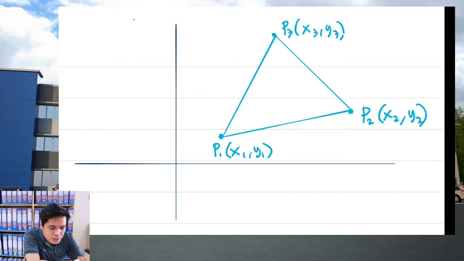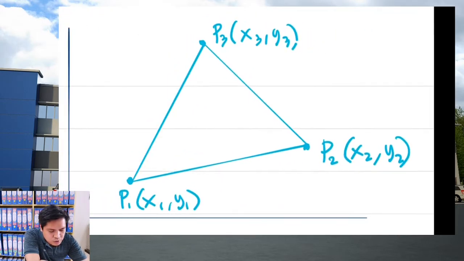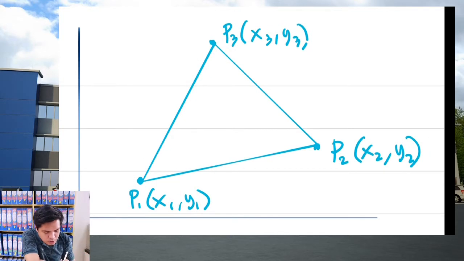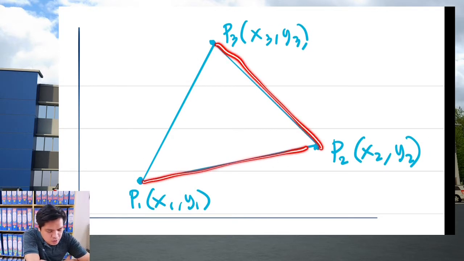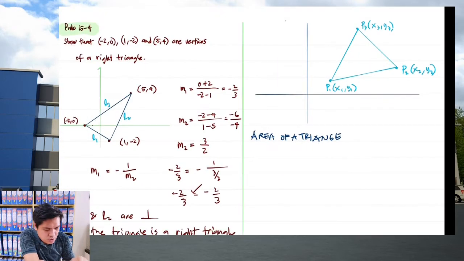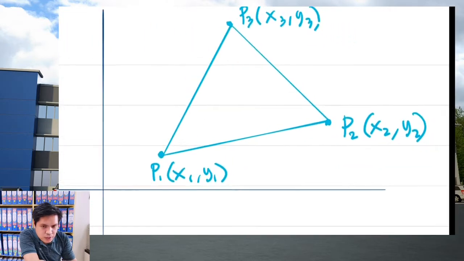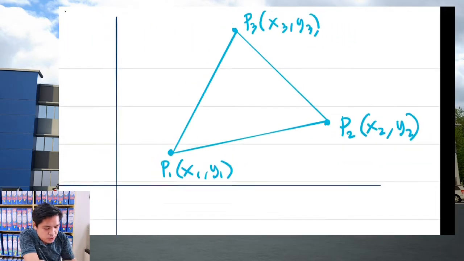Kung sides sana, we can just apply the Heron's formula. So, pwede tayong mag-solve nito using Heron's formula, right? Using the distance formula, get this distance, get this distance. Then, you apply the Heron's or the Hero's formula, then you'll get the area. But that's too tedious. Masyadong mahaba yung process of getting the distance of each point.